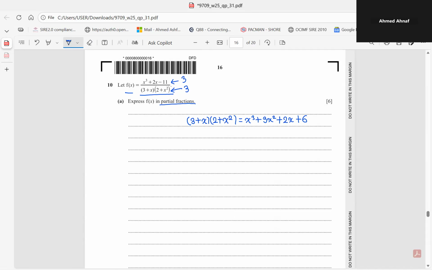So we'll divide this by this. Remember, x³, there's no x² term, so we'll just write 0x² plus 2x minus 11 divided by x³ plus 3x² plus 2x plus 6.